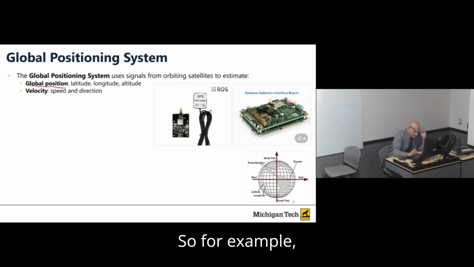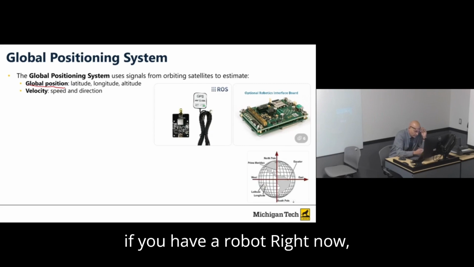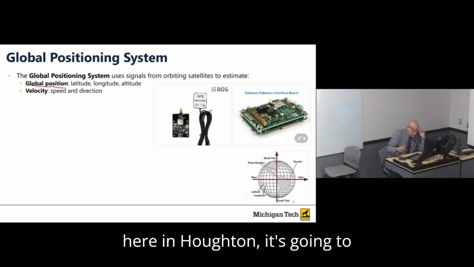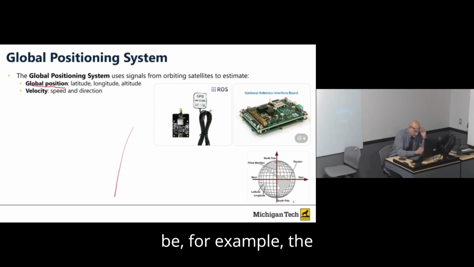For example, if you have a robot right now here in Houghton, the latitude is 47 degrees, 7 minutes and 16 seconds.